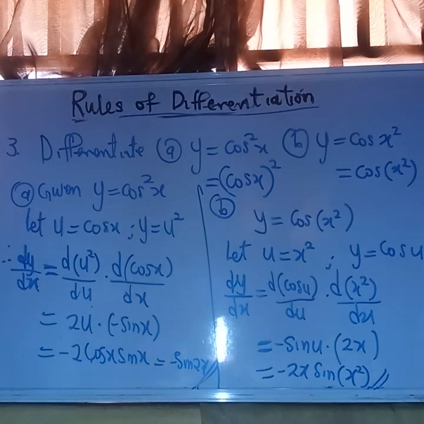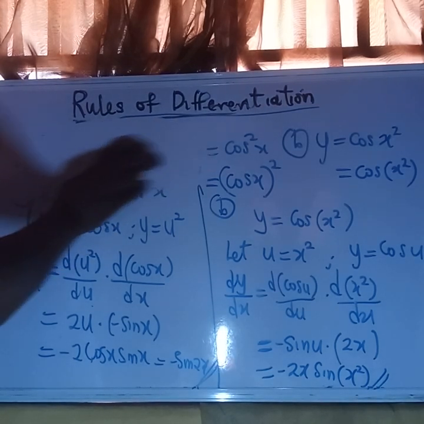Let us now look at the case of the chain rule versus the power rule, a case where we use both the chain rule and the power rule concurrently. Just to state it, and then we consider a few examples like that too.